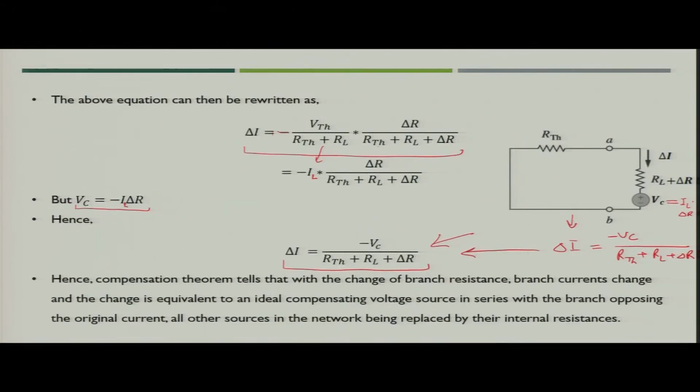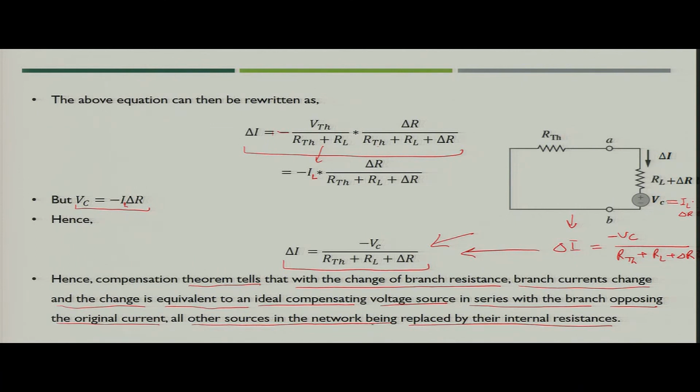So the compensation theorem can be summarized as follows: with the change of the branch resistance, the branch current changes, and the change is equivalent to an ideal compensating voltage source in series with the branch, opposing the original current, with all other sources in the network replaced by their internal resistances. That means the internal resistance of the network is nothing but RTH.